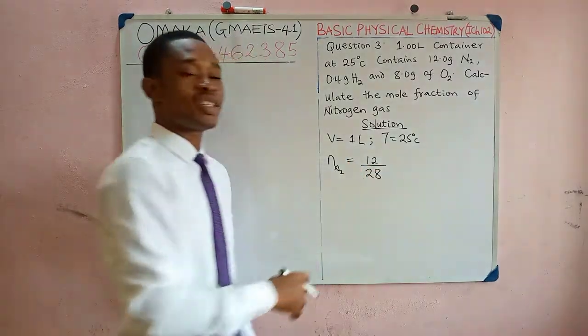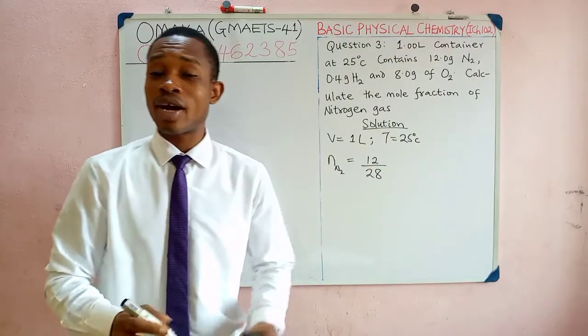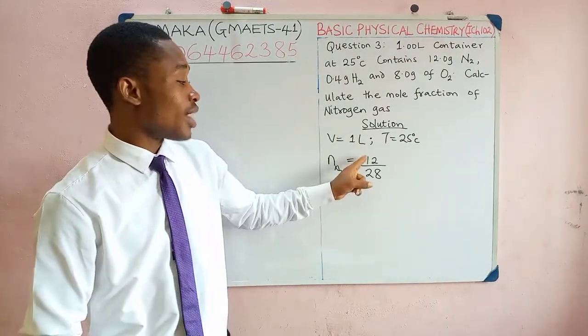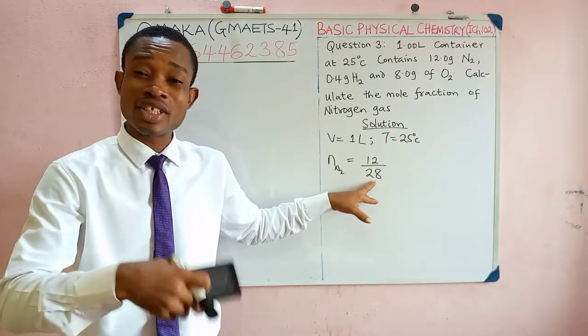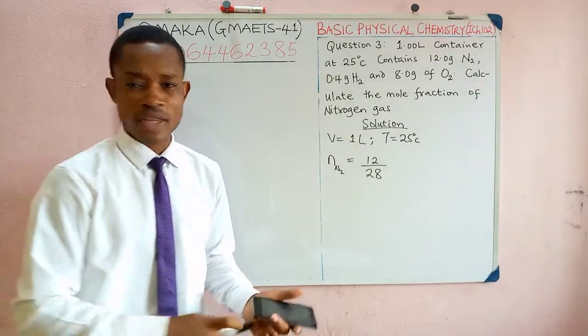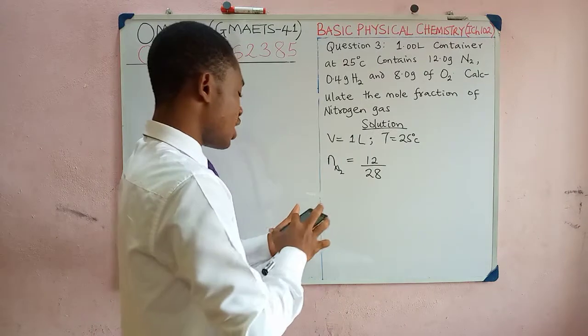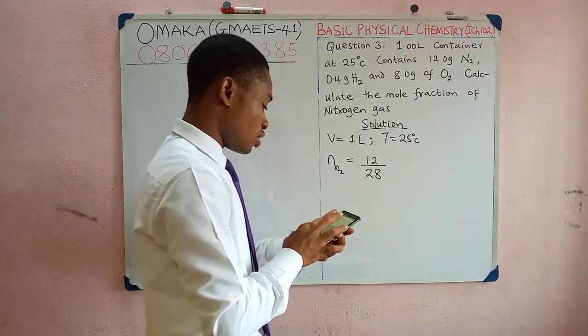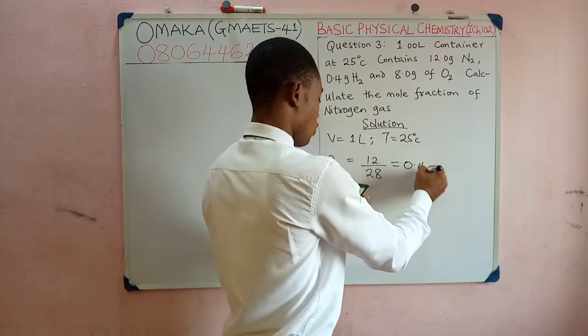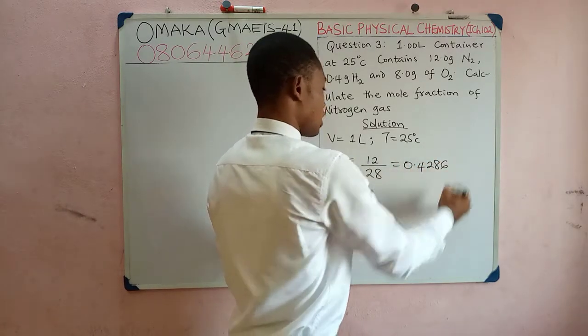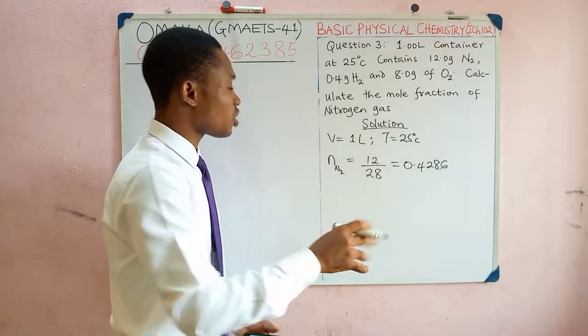There is no need of converting anything to kilogram by dividing by 1000, because the mass given to us in the question is in grams. This 28 molecular weight of nitrogen is also in grams per mole. So you just leave it that way. Punch your calculator: 12 divided by 28 is giving me 0.4286 to 4 decimals, for accurate result.